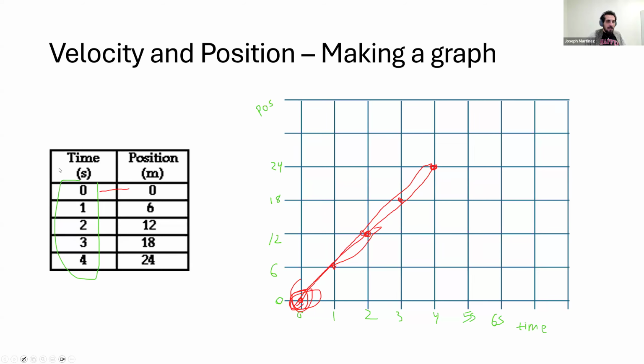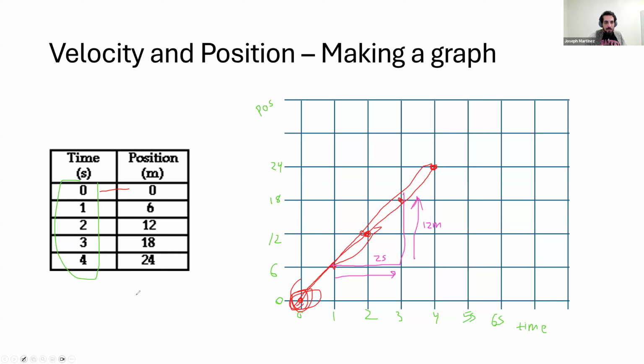The other thing you can look at here, and I'll use pink for this, is the slope, which would be rise over run. In this case, I'll look at these two data points. Our run will be from 1 to 3 seconds. That is 2 seconds. Our rise is from 6 to 18. That is 12 meters.